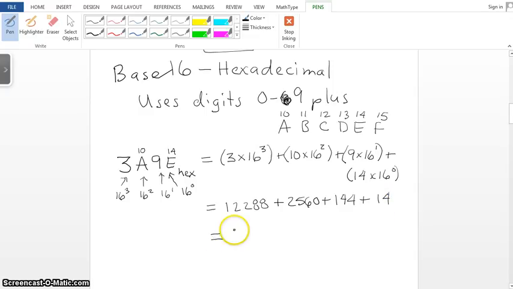So if you total all that up, you're going to get 15,006. Do not put a base on that, or if you put base 10, it's okay, but we don't want to write base 10 or decimal right there, because this is already in the decimal system. So, the hexadecimal number 3A9E is equivalent to 15,006 in the decimal system, base 10.